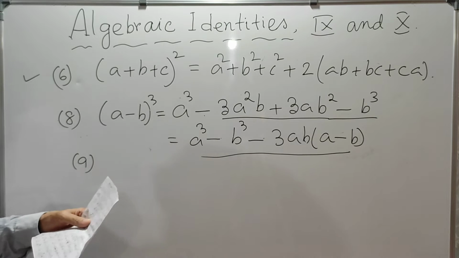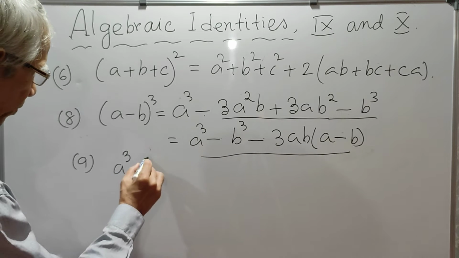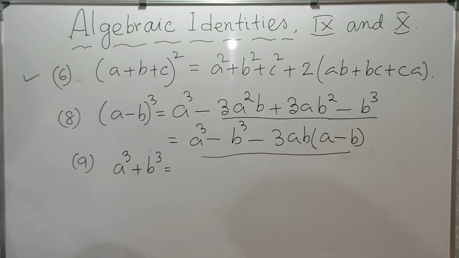Ninth identity, a^3 + b^3. All right, let us say this is equal to what?